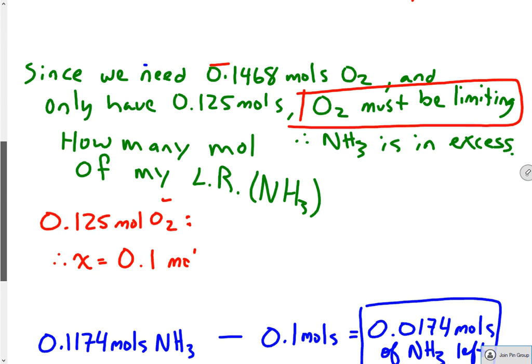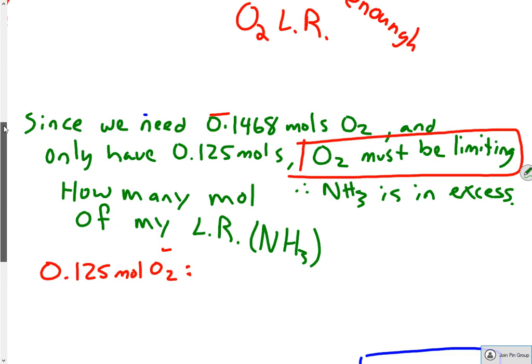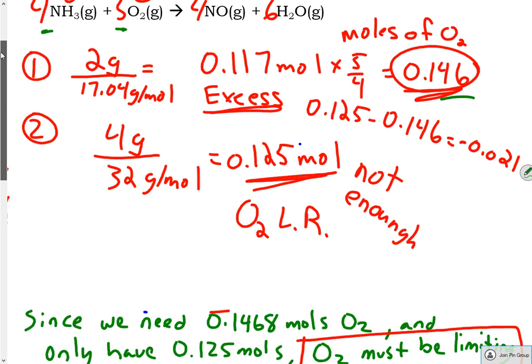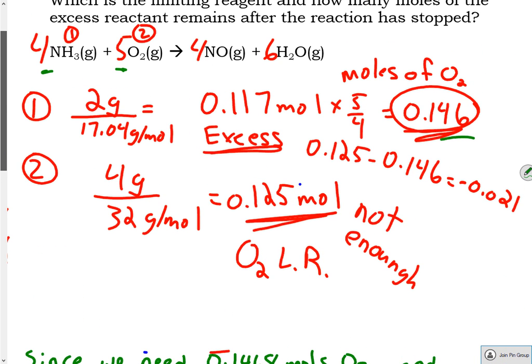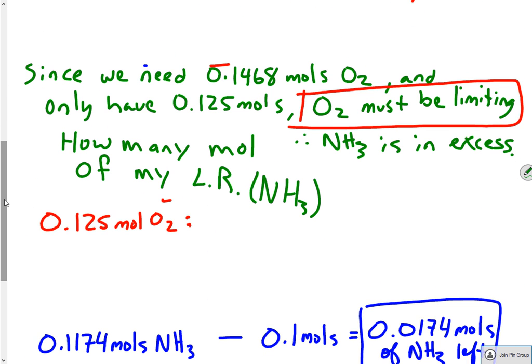I start with my moles of oxygen, so I have 0.125 moles of O2. I times that by my molar ratio. Now remember, I get that from up here. So this would be my no, this would be my want. I'm going to times that by 4 over 5. So 0.125 times 4 divided by 5.